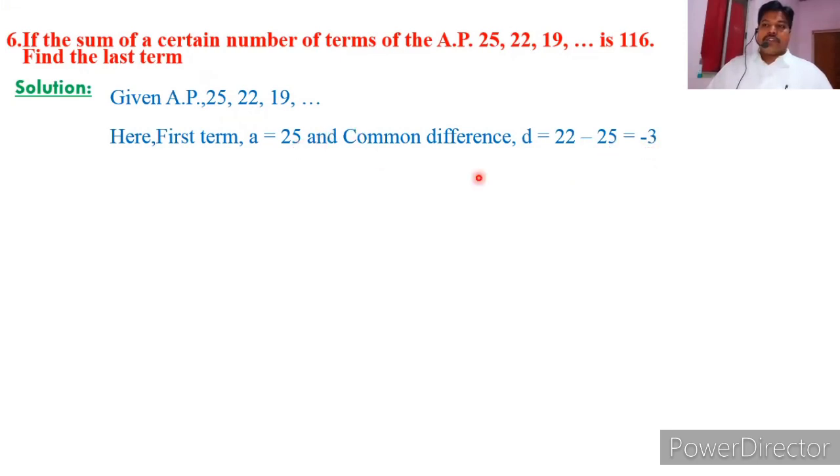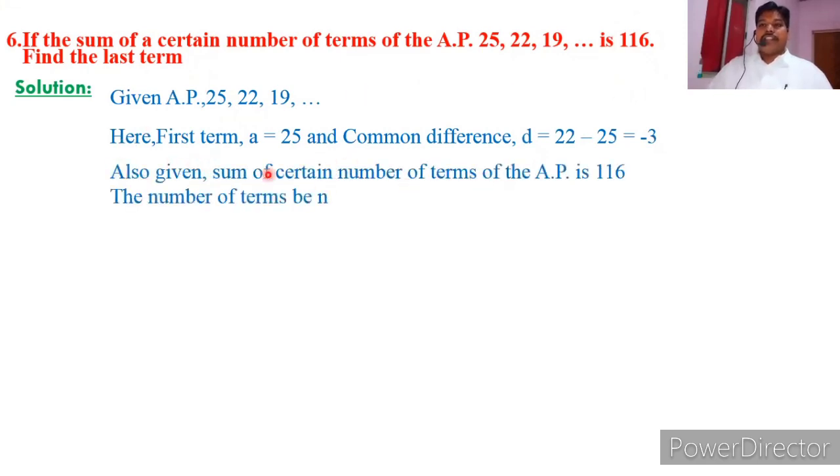So a value is 25 and d value is minus 3. And the sum of n terms is 116. The number of terms, we don't know, so we are taking the number of terms as n.